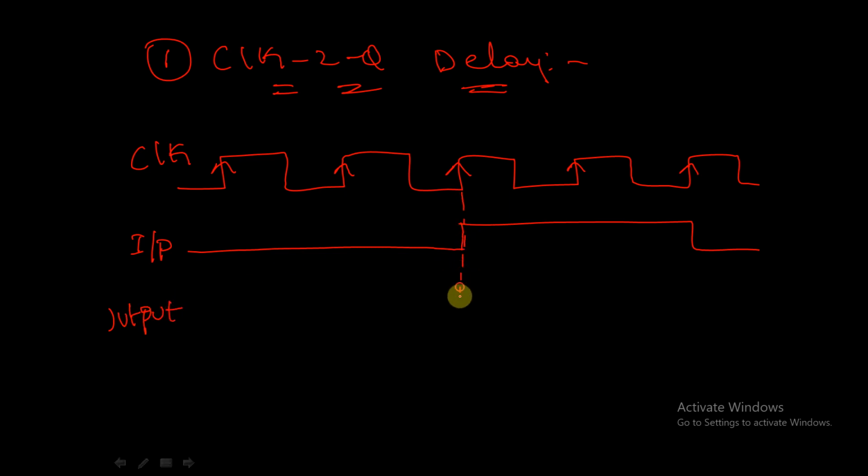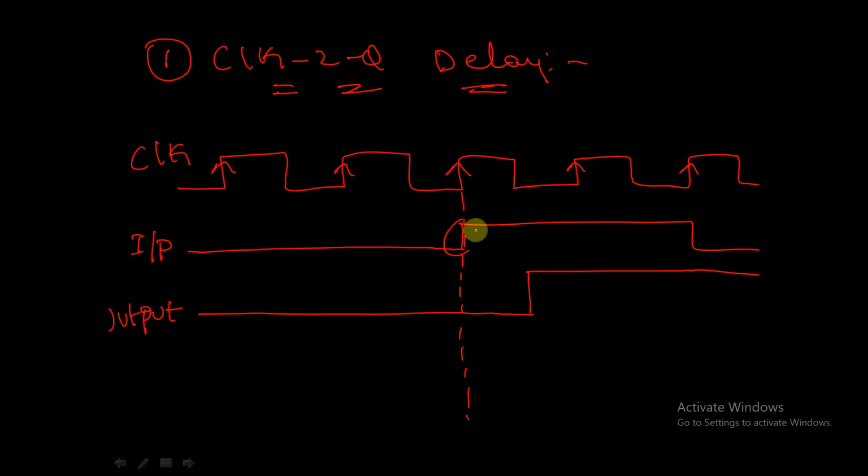After we apply the input here, it is the time taken by the flip-flop to produce an output, the time taken by the output to be stable after the edge. So here it will become stable like this. I'm taking a random flip-flop example.